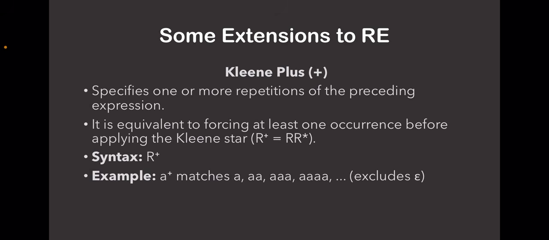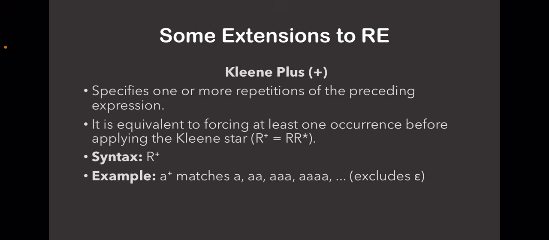So aside from these main operators, we can have some extensions to them. The Kleene plus is an extension. It specifies one or more repetitions of the preceding expression. So we can still go on with this Kleene plus because it's equivalent to forcing at least one occurrence before applying the Kleene star.